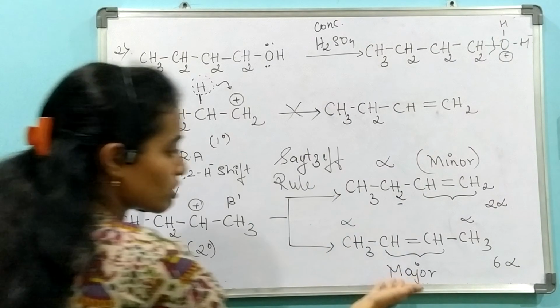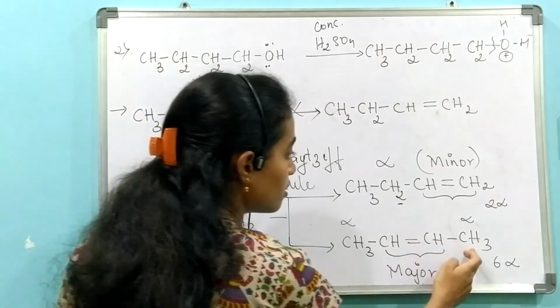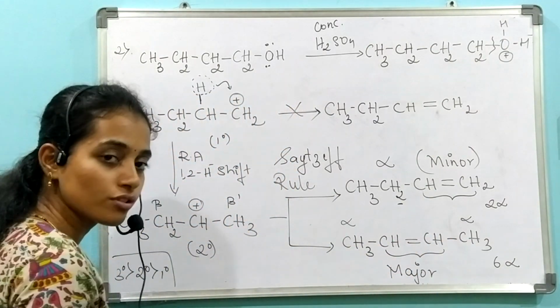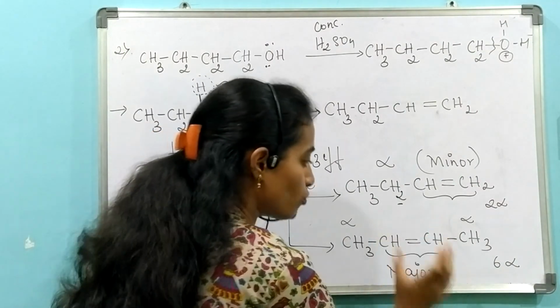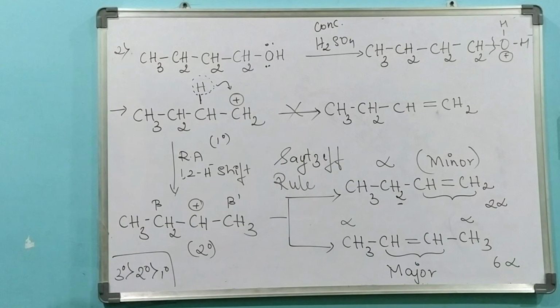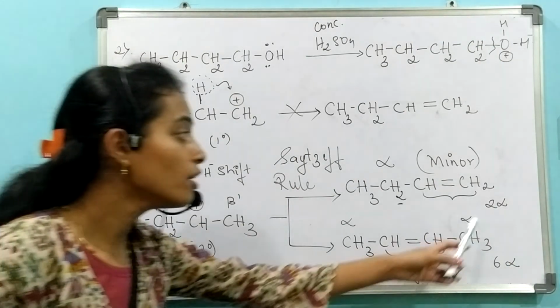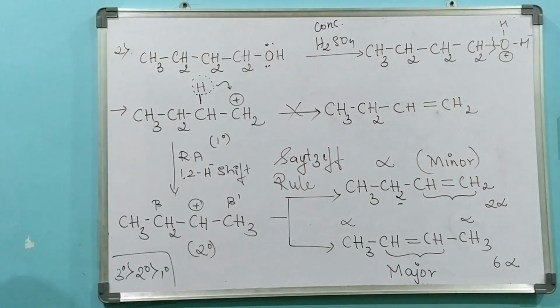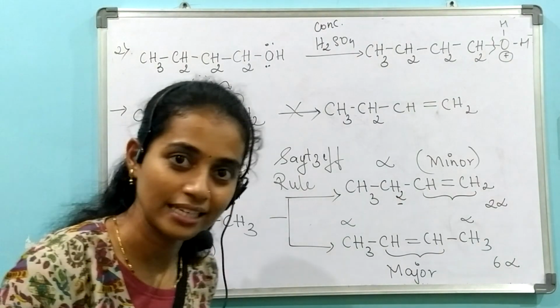So this is the major alkene because it has 6 alpha hydrogens. This alkene is more stable than the other alkene, which has only 2 alpha hydrogens. And that was all about your first method of preparation of alkene.